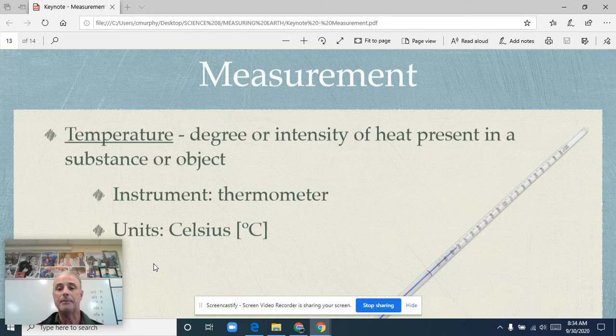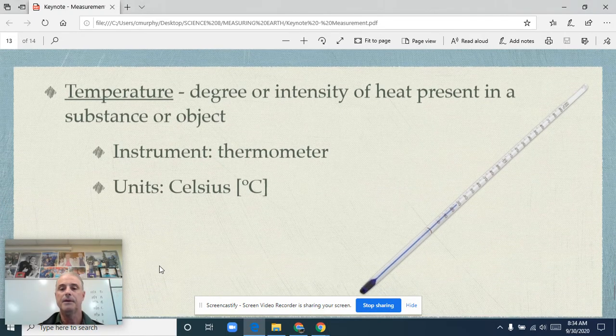So looking at the thermometer here in this picture, I'm going to slide down just a little bit so you can see it. You'll see that there's a liquid inside the thermometer, and it's sealed inside there. If we place this near a warmer object, these molecules inside this bulb will start moving faster and faster. Eventually, they'll want to escape.